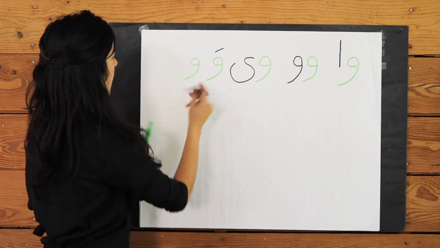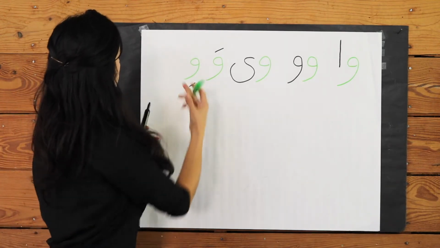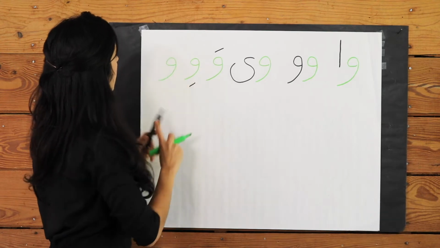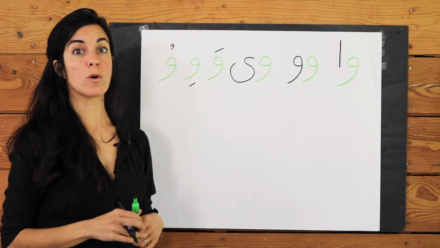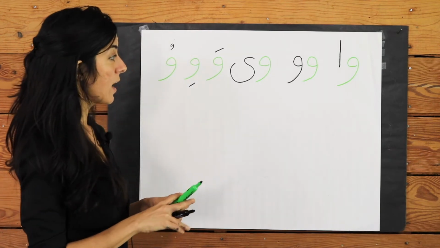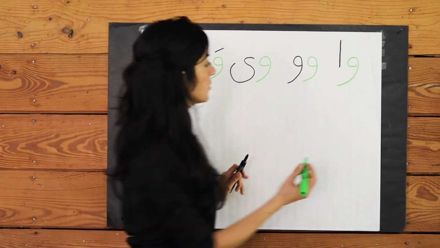V with an E accent becomes V. And a V with an O accent becomes VO. So now let's look at a few different words using these combinations.